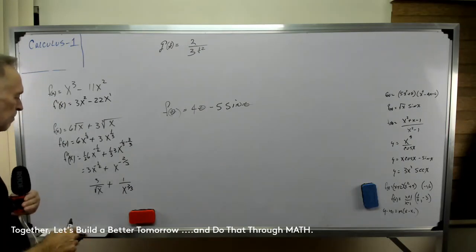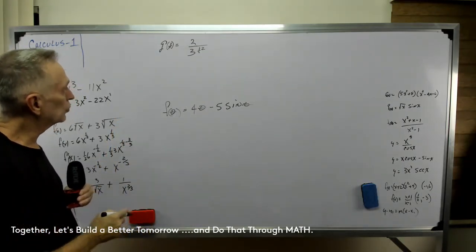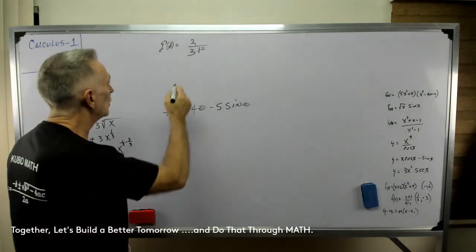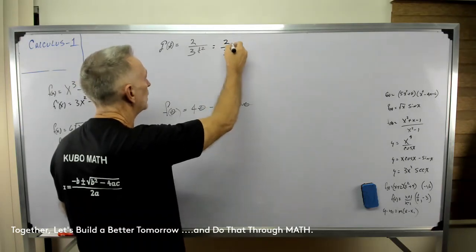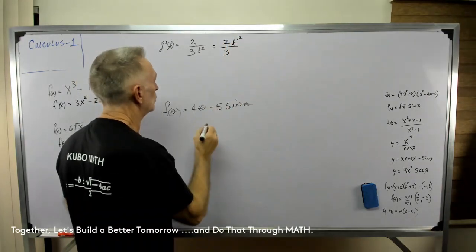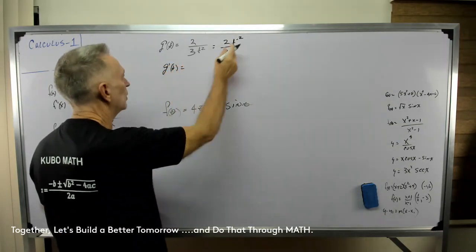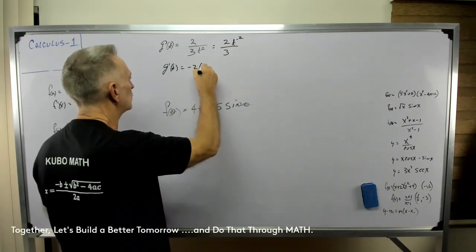All right. G of t equals 2 over 3t squared. Well, let's rewrite this one also. 2 over 3 t to the negative 2. So g prime of t would equal negative 2, bring it down, times 2.